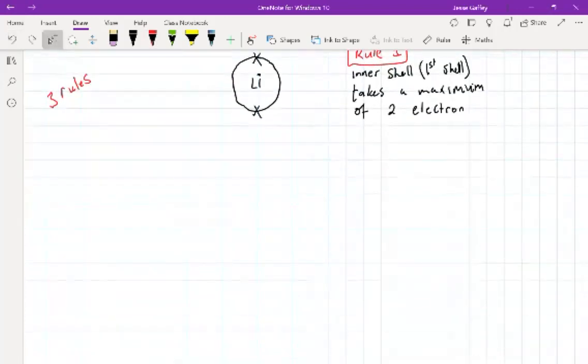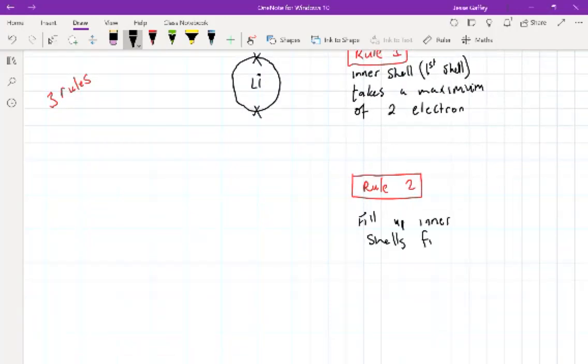Rule 2 is that you have to fill up inner shells first.